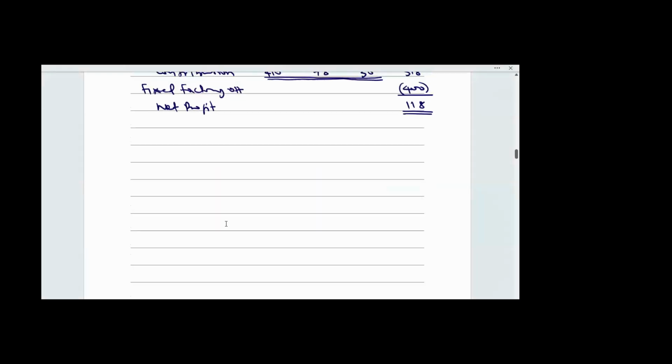So for part C, historical approach. Whether it is historical statements, budget statements, income statement, or operating statement, it's the same thing.